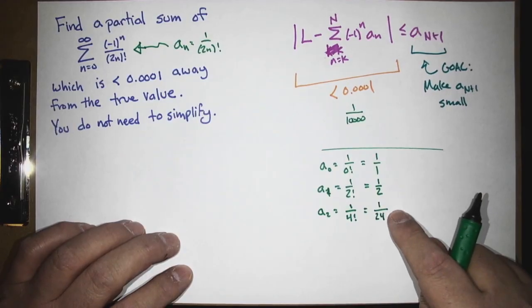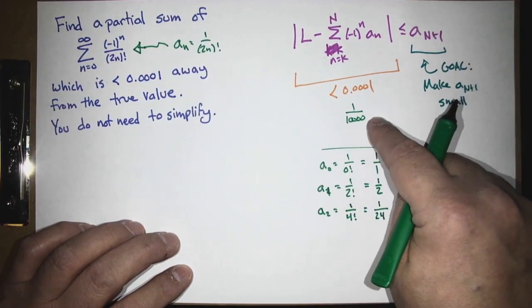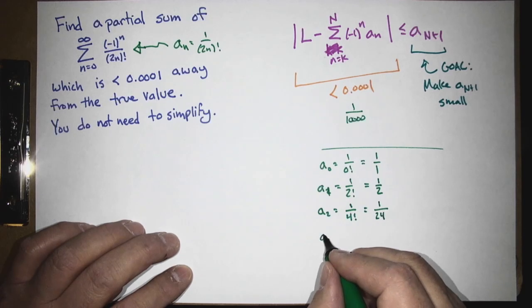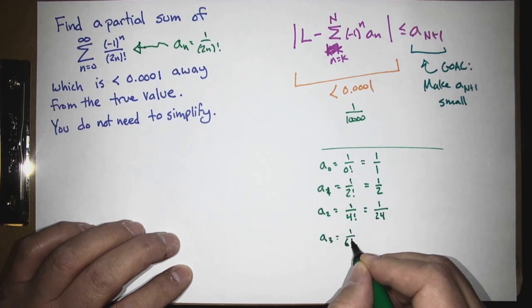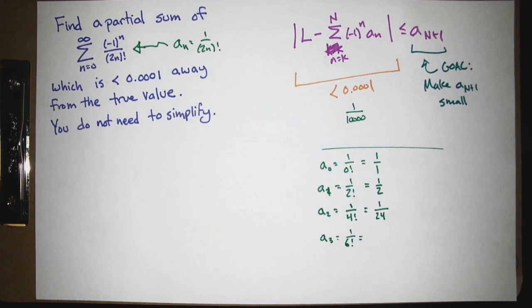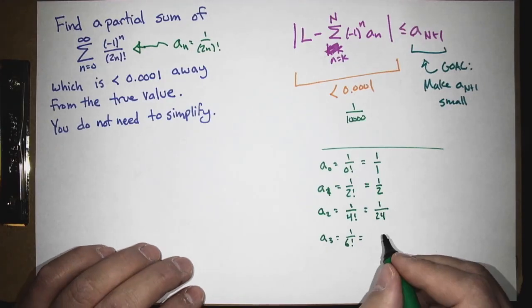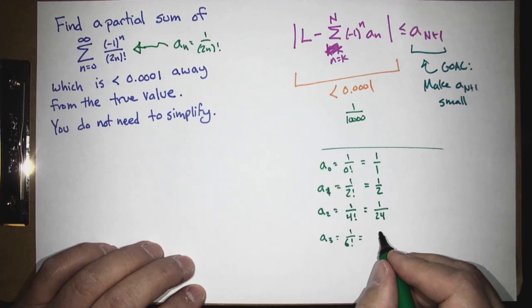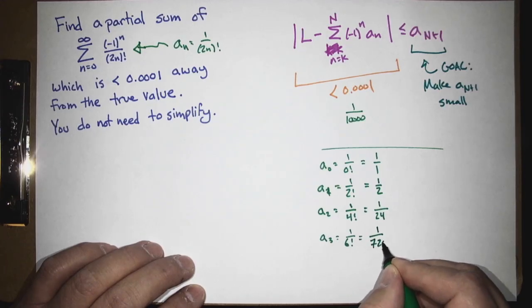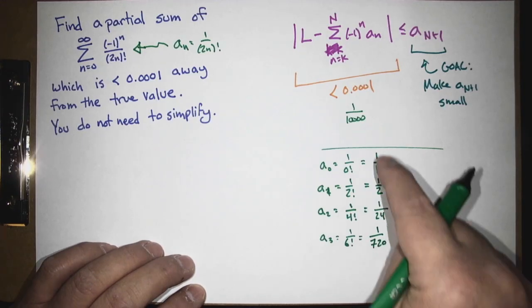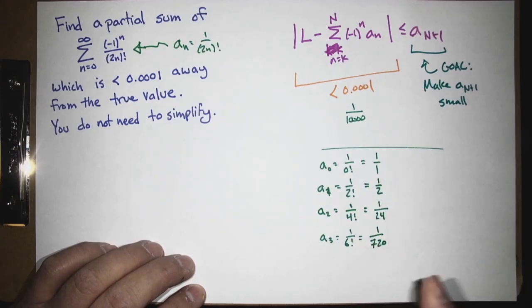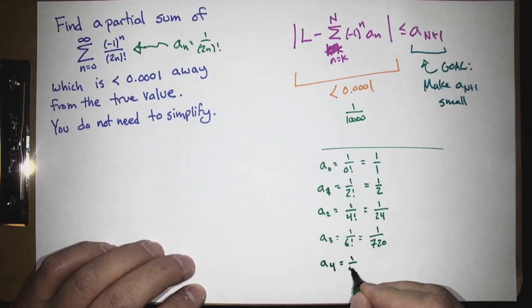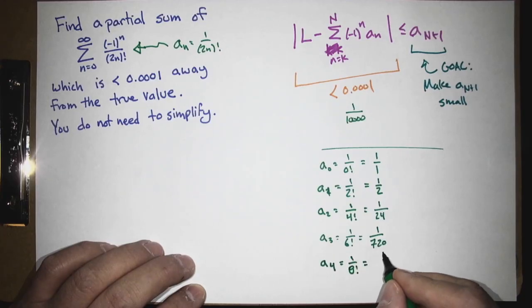Is that enough? No. How about A3? 1 over 6 factorial. Do we know what that is? 120 is 5 factorial. 720 is 6 factorial. Okay, are we good? No. Okay, how about A4? 1 over 8 factorial. Now, I'm not going to expect you to know this. It's 40,320.